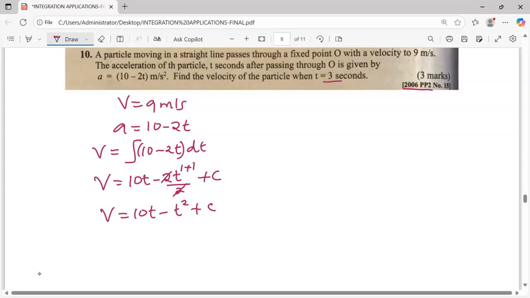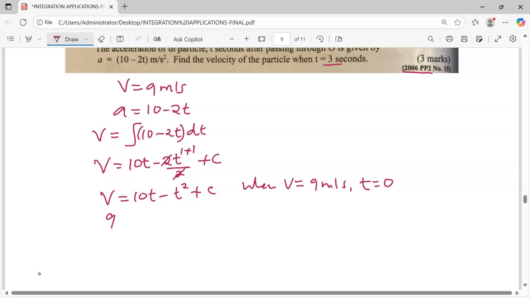We know that when velocity is 9 meters per second, t is equal to 0, and therefore using v and t, we get the value of c. V is 9, which equals 10 times 0 minus 0 squared, plus c, meaning c is equal to 9. Therefore, the specific equation for velocity is 10t minus t squared plus 9.